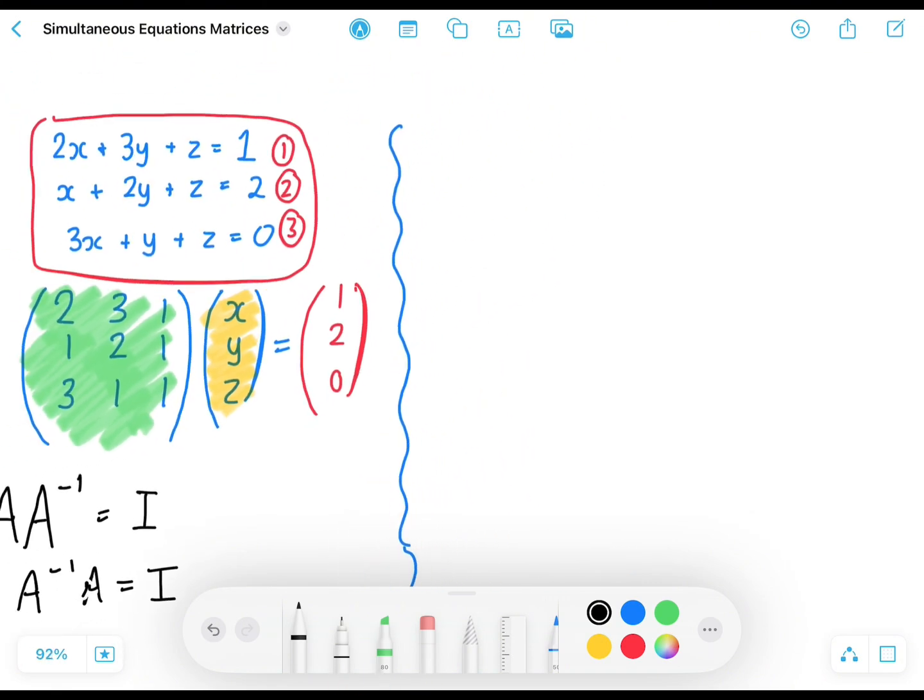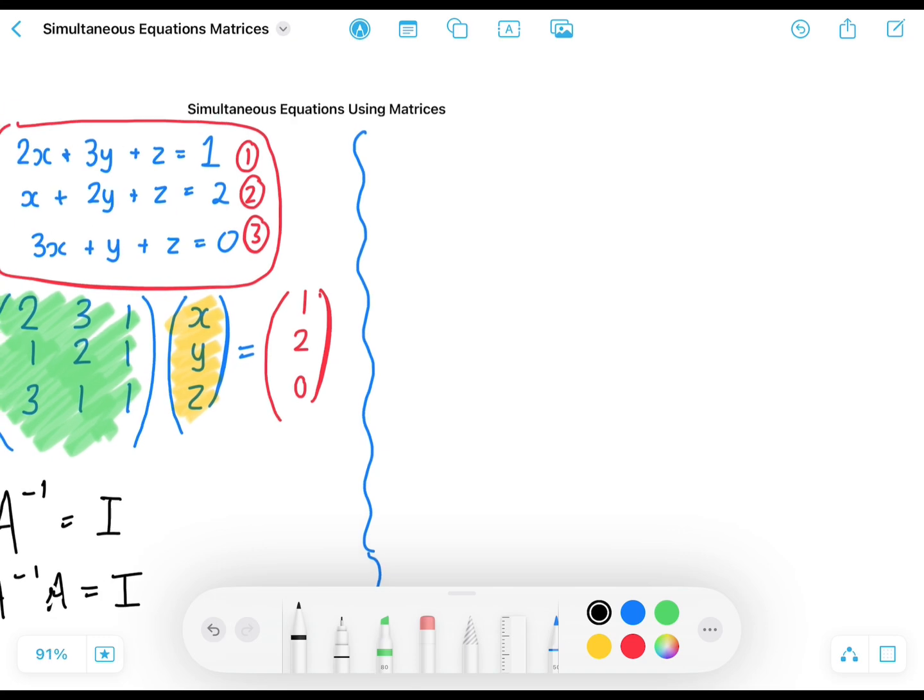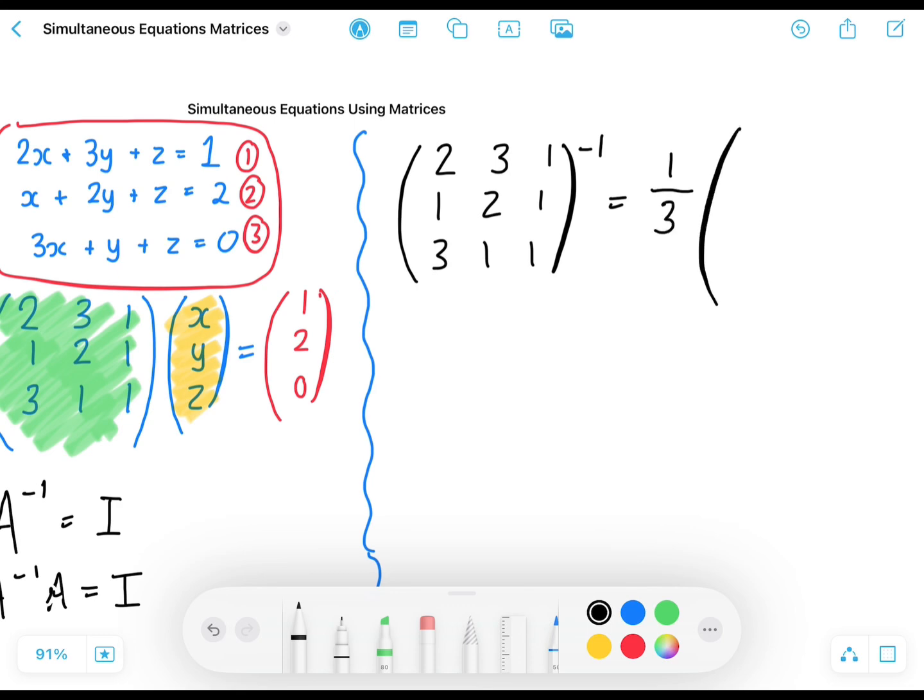So in this case, for this set of equations, the inverse matrix of 2, 3, 1, 1, 2, 1, 3, 1, 1 is, and you can use the method to find an inverse of a 3 by 3 matrix, but in this case you could also just calculate it, and it gives you 1/3 times 1, minus 2, 1, 2, minus 1, minus 1, minus 5, 7, 1.